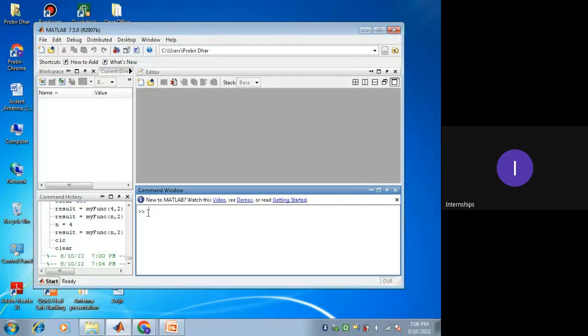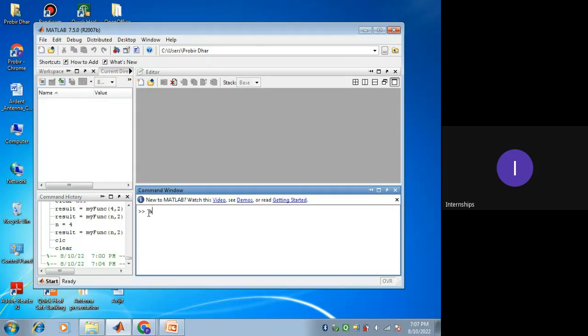Here we will use two types: one is single data, another is vector data. 1, 2, 3, 4, 5: these are single data. And vector means it will be in matrix format.